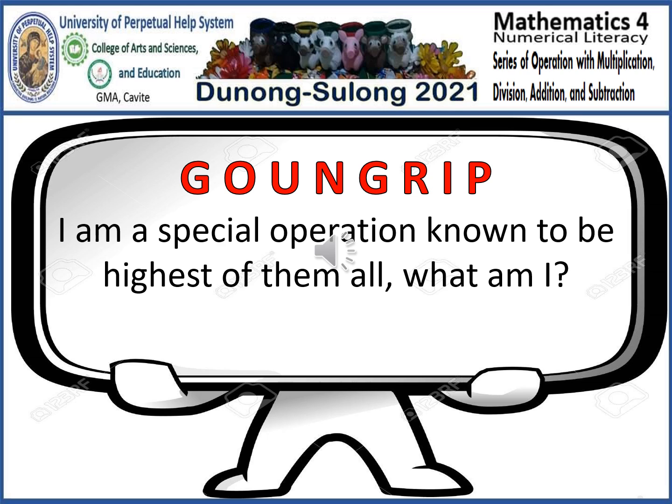The fifth mystery word letters are G, O, U, N, G, R, I, P. It is a special operation known to be the highest of them all. What am I? Can you guess the mystery word? Grouping.